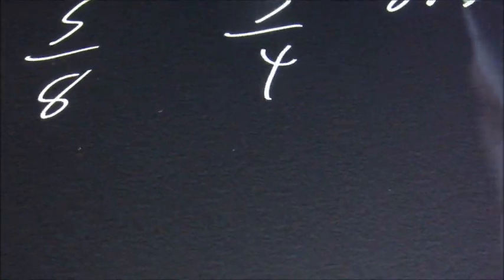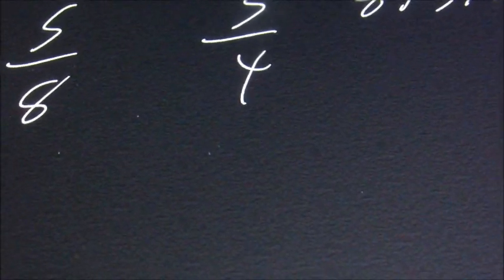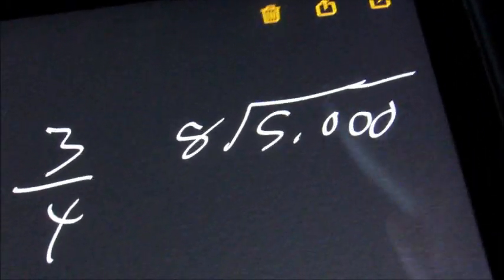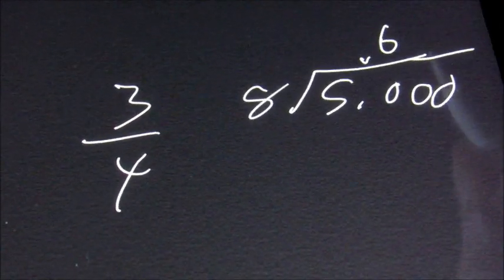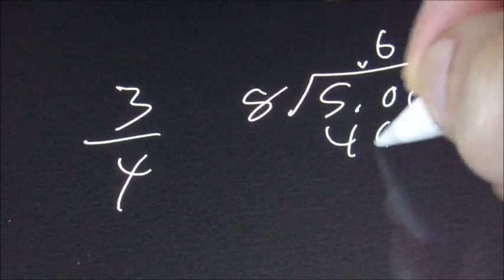The next one I'll do is 5 over 8 and 3 over 4. So the first thing I'm going to do is turn these into decimals. 8 will go into 5, and I know I'm going to have 3 zeros here, so 8 will go into 50 6 times. 6 times 8 is 48.